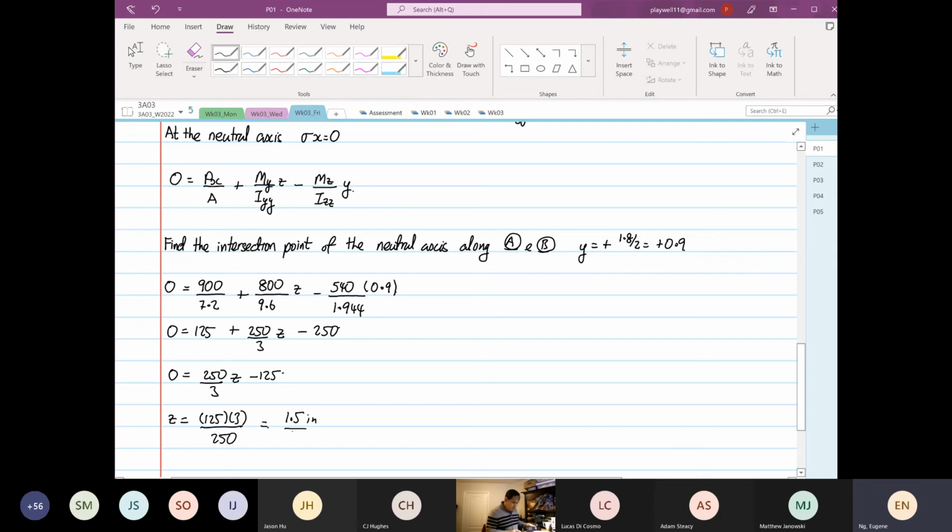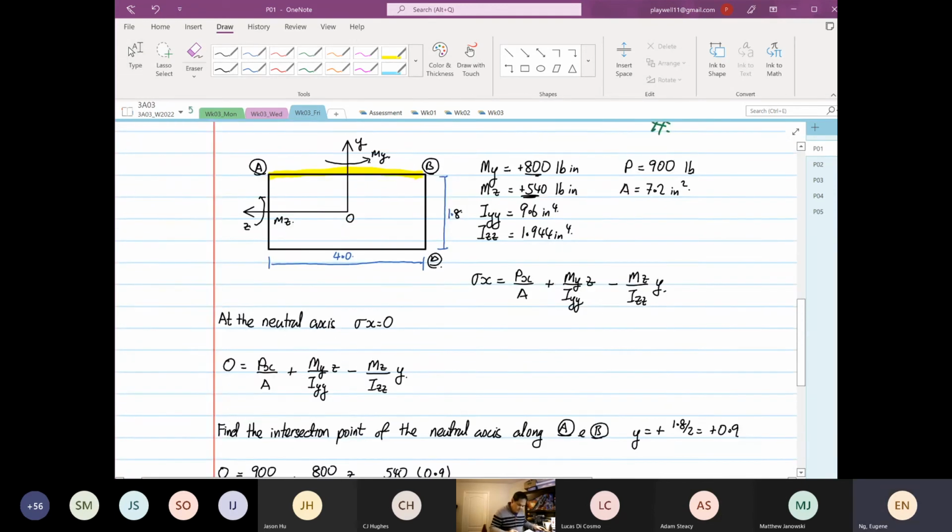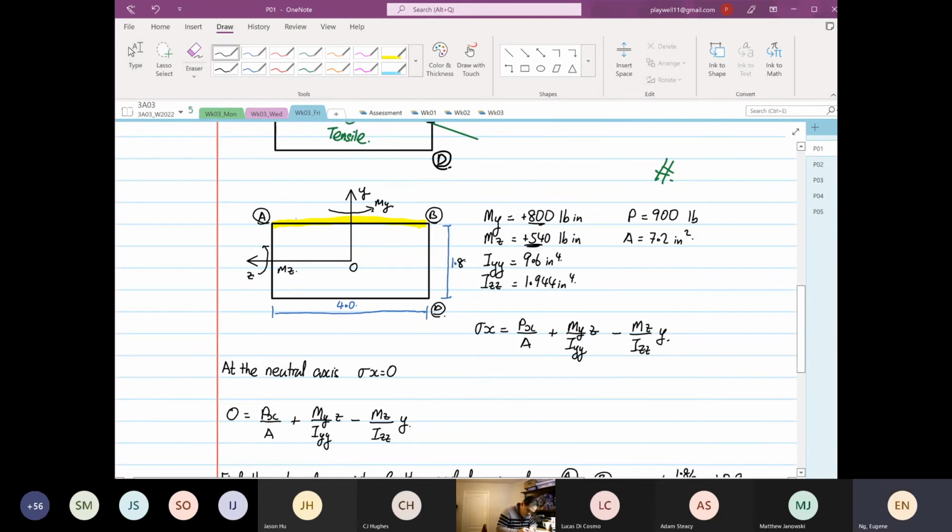Positive means this distance from here to here is equal to positive 1.5, because z going positive is going towards the left. When we found our answer from A, our distance from here to here is 0.5. So we got the exact same point.